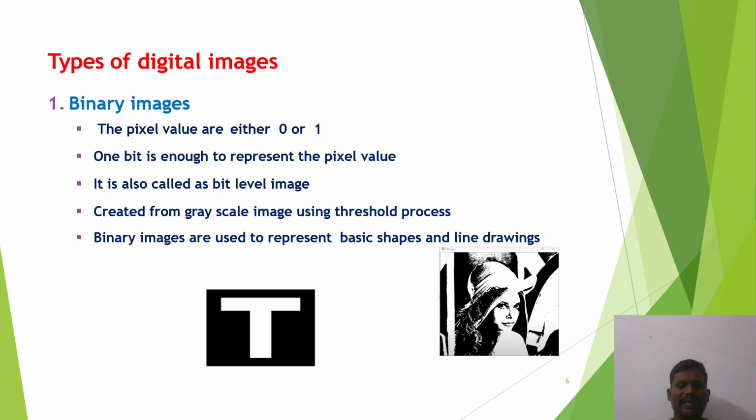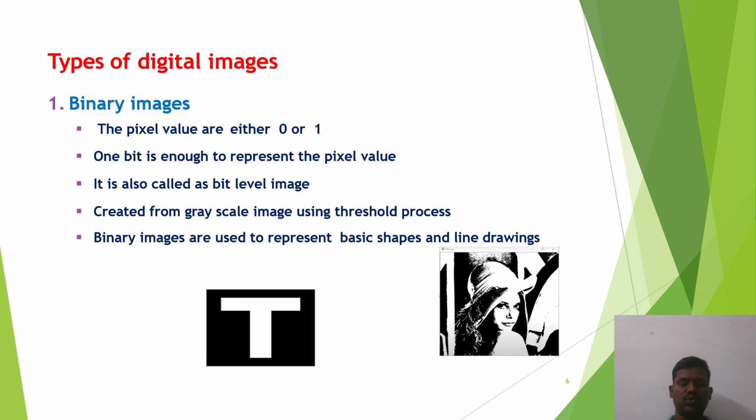Binary images are obtained from grayscale images using the thresholding process. Binary images are used to represent basic shapes and line drawings. Here I have shown a binary image which is the alphabet T, where the light intensity is 1 and the background is 0.